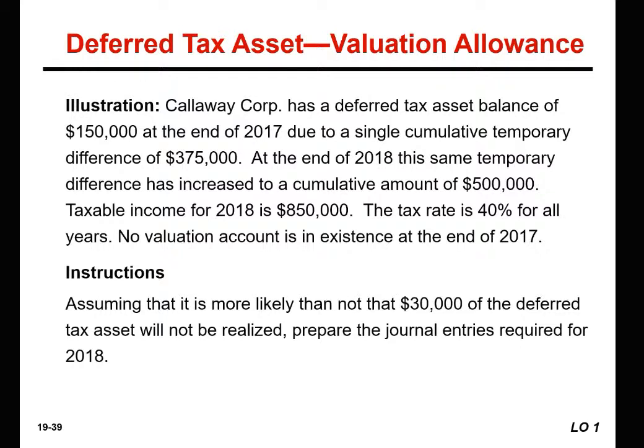Taxable income for 2018 is $850,000. The tax rate is 40% for all the years, and there was no valuation account in existence at the end of 2017. Assuming that it's more likely than not that $30,000 of the deferred tax asset will not be realized, we need to prepare journal entries for 2018.